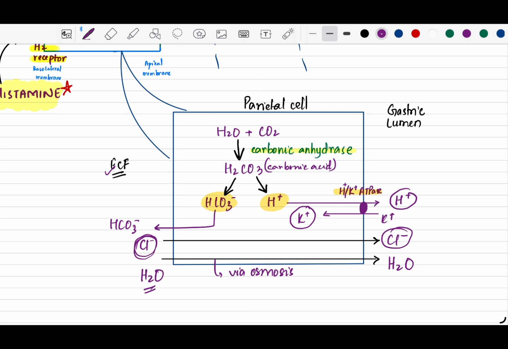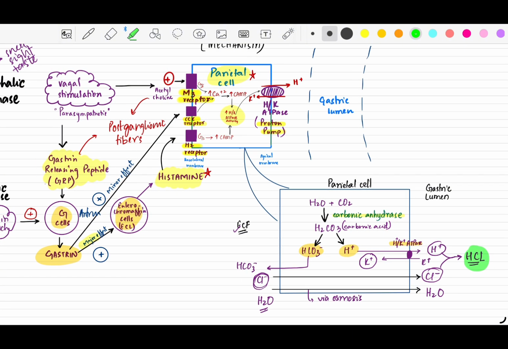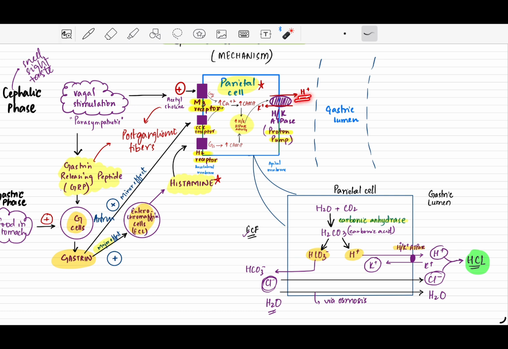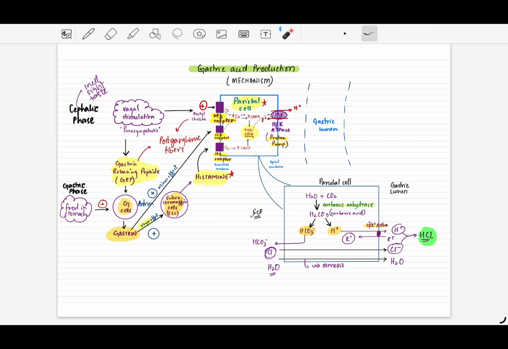Now this hydrogen and chloride are going to meet and form the hydrochloric acid. Now this is the acid which is present in the gastric lumen, and we can see here in the picture as well that the hydrogen ion is moving out into the gastric lumen and the potassium ion is going inwards. Now this is how the gastric acid is produced.